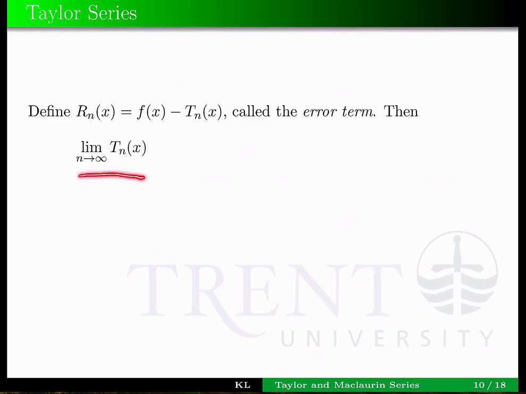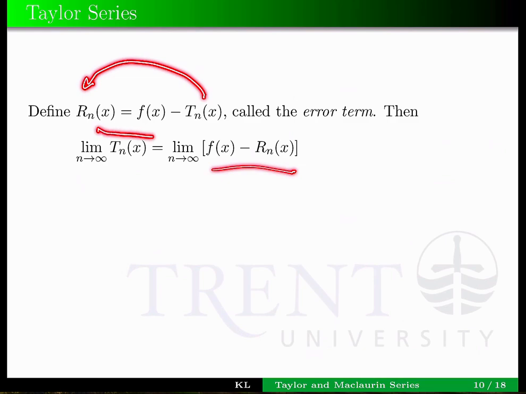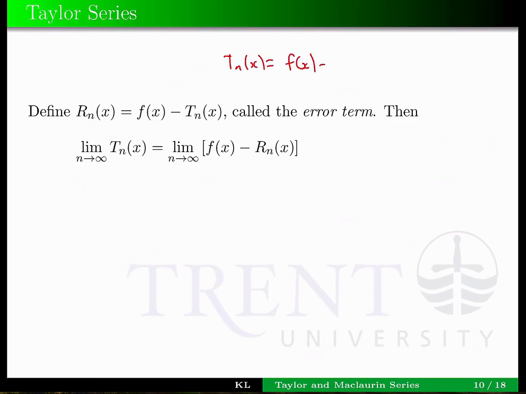So this one here is the same as the following. The limit of T_n as n approaches infinity is equal to the limit of f of x minus r sub n. So you put this one to the other side, and this one to this side. What I'm saying is your T_n of x is equal to f of x minus r sub n of x. So the limit of T_n as n approaches infinity is equal to the limit of f of x minus R_n as n approaches infinity.